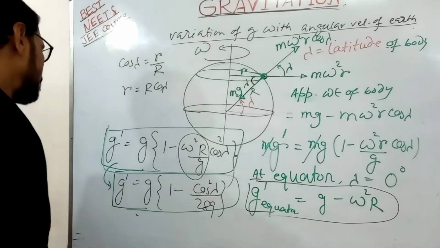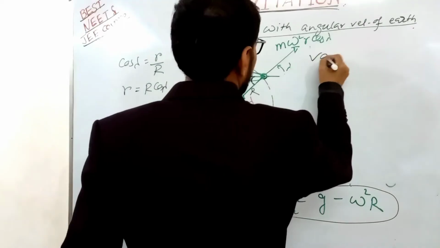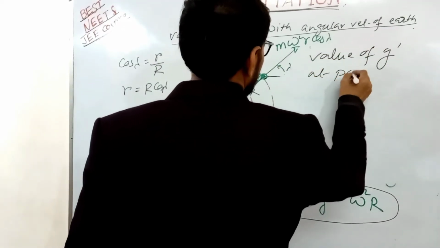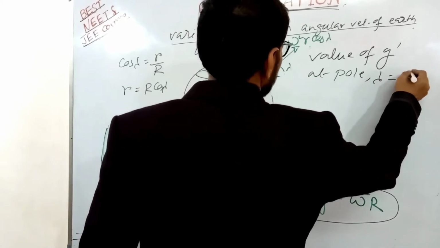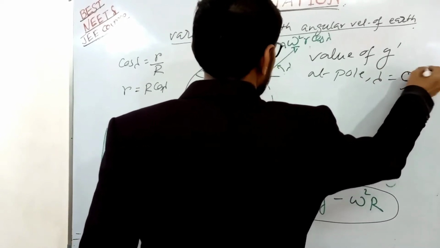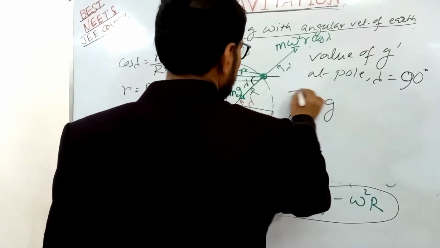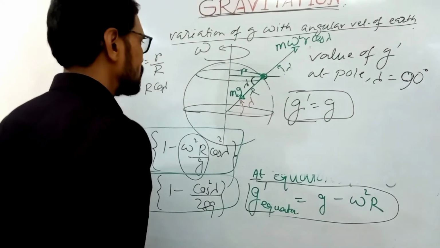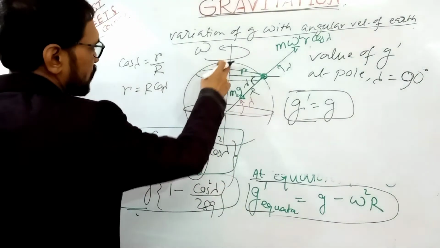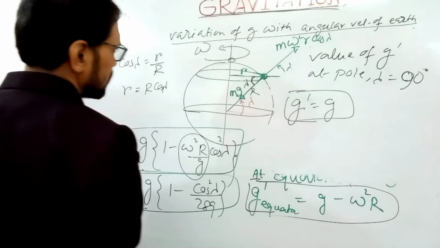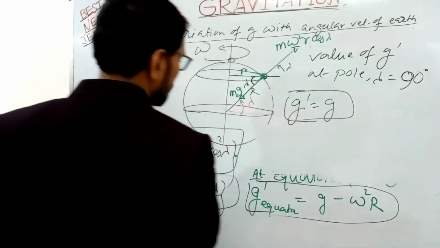Now what is the value of g dash at pole? Lambda equal to 90 degree, so g dash equal to g into cos 90, which is 0, g dash equal to g. So no loss of weight when the body is at the pole. Weight is actual weight, no loss of weight.